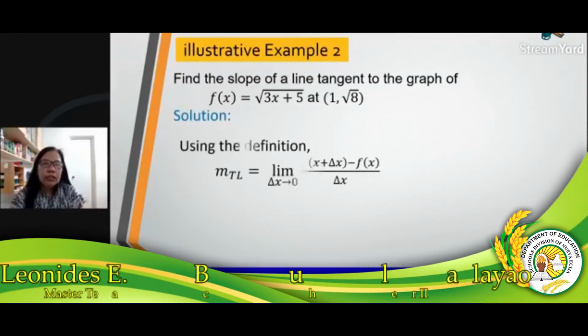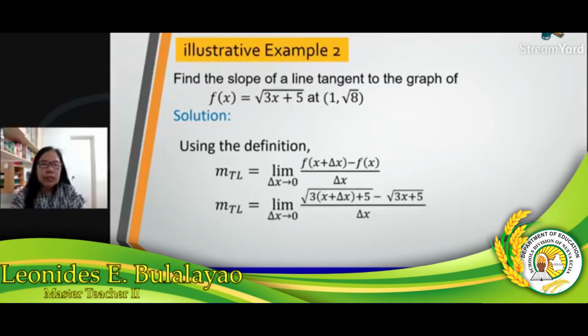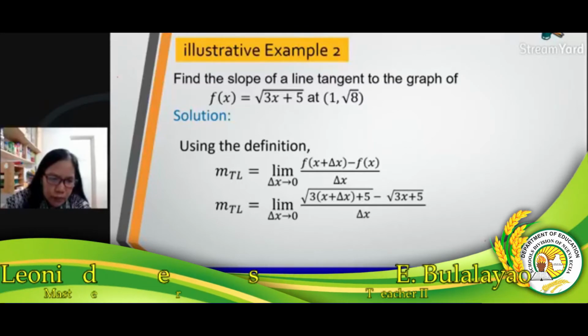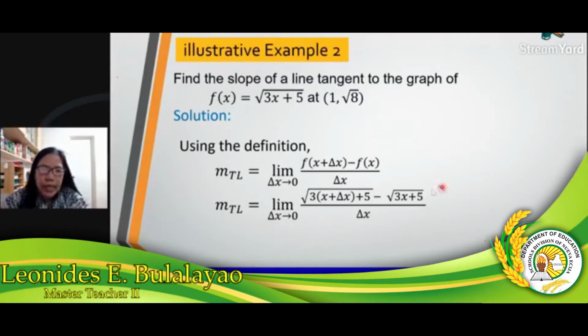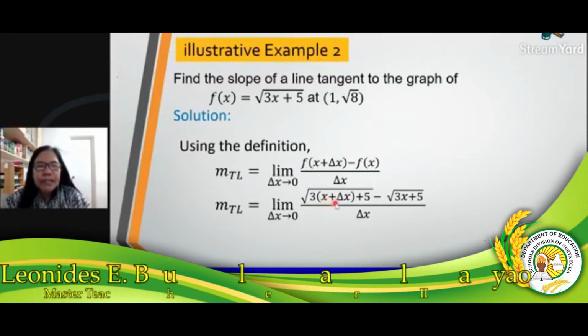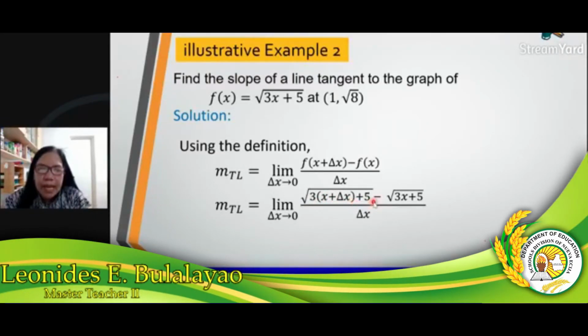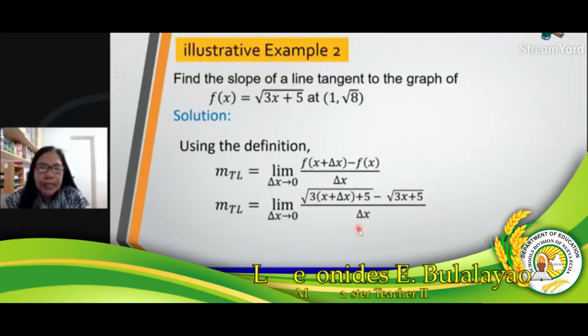So by using the definition again, we have the square root of 3 times x plus delta x plus 5 minus f of x, where f of x is square root of 3x plus 5, all over delta x.